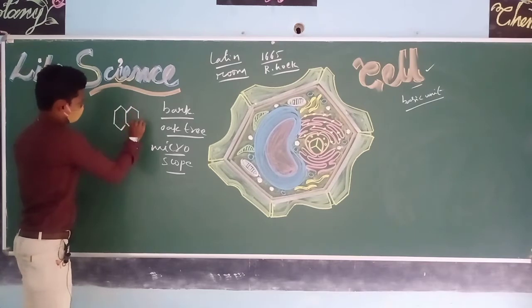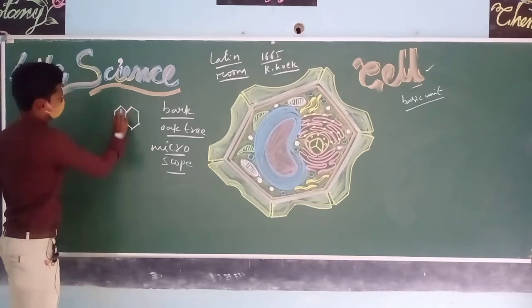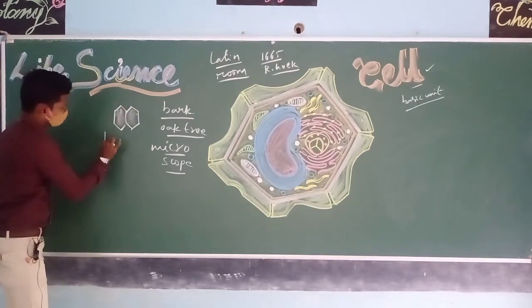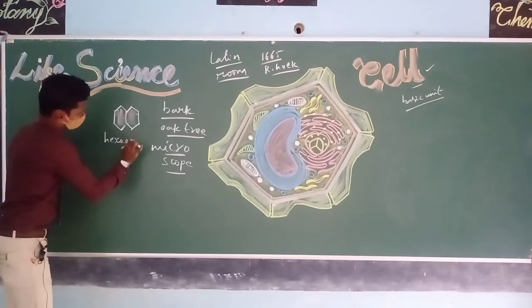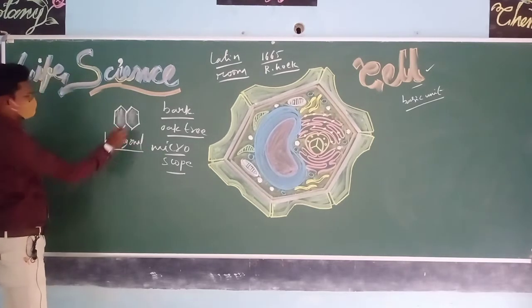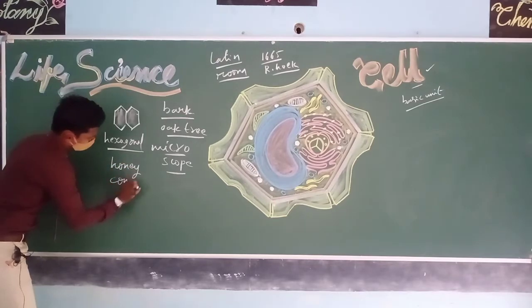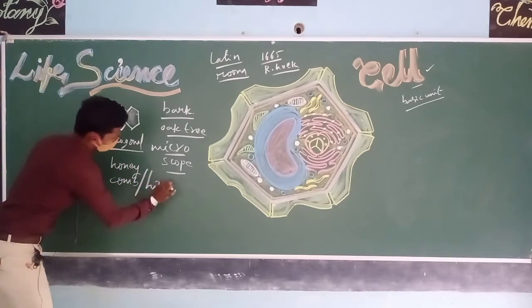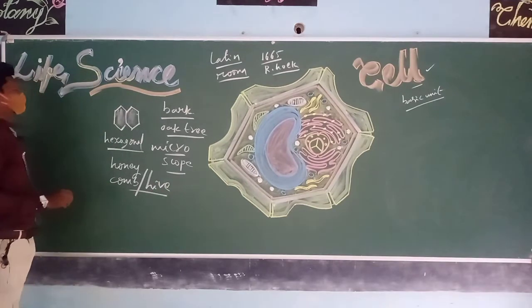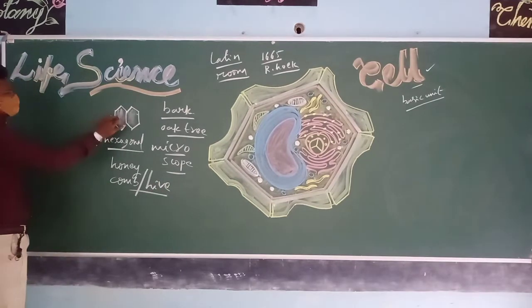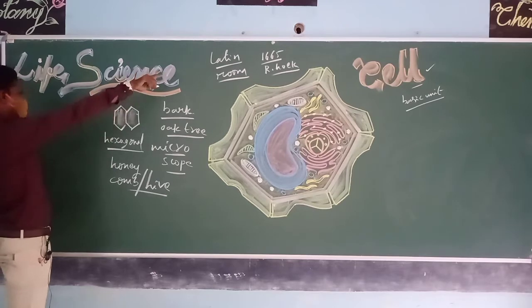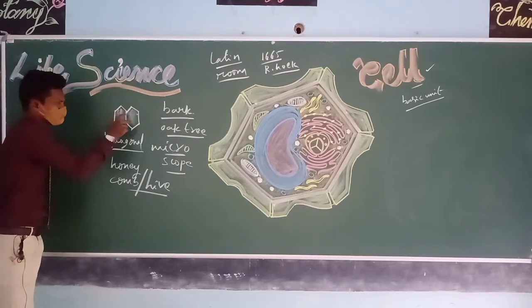These hexagonal structures exactly resemble a honeycomb or honey hive. So he named each and every hexagonal structure a cell. So cell in the sense little room or little space.